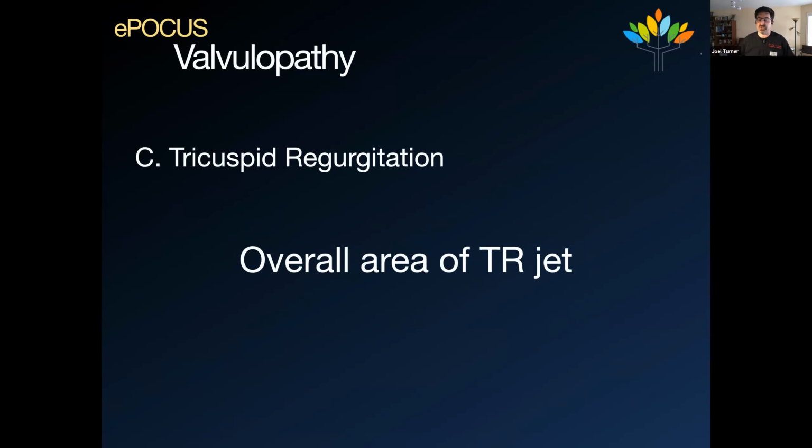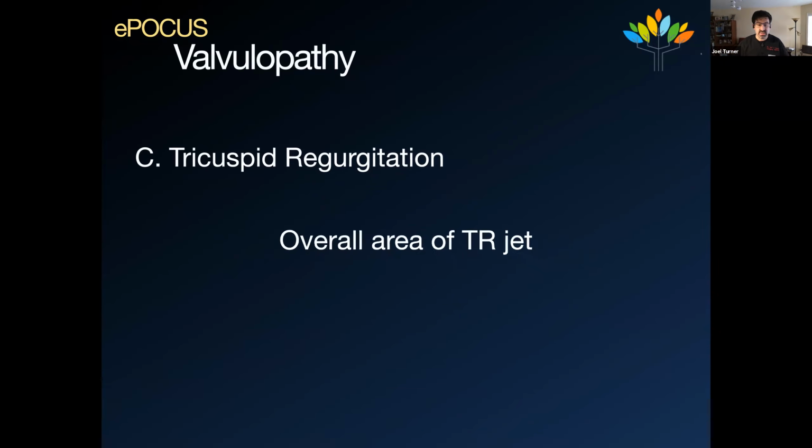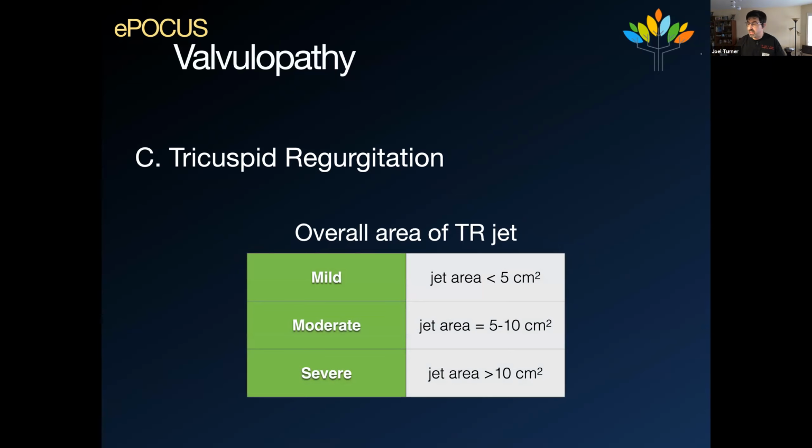So you're going to have to find out on your machine whether it can trace a path around a structure and provide an area based on that tracing. As an example, if we trace the regurg and it's less than 5 centimeters squared, this is considered a mild regurgitation. If it's between 5 and 10 centimeters squared, it's considered moderate. And anything greater than 10 centimeters squared is considered a severe regurgitation.